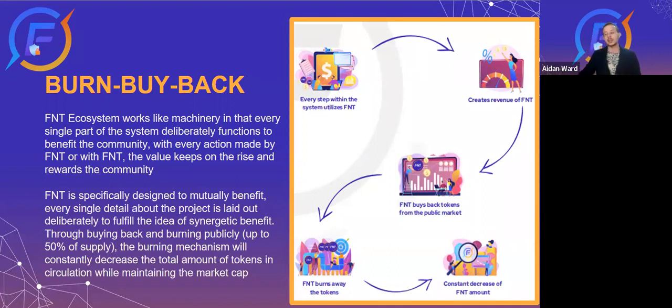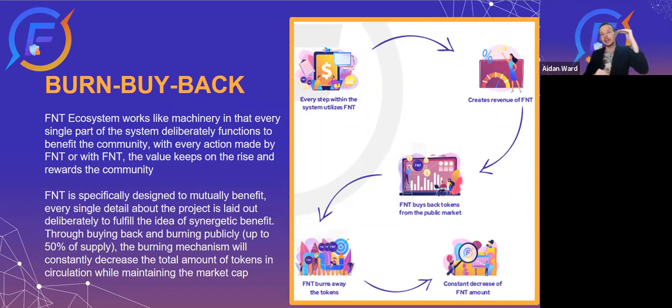He does the sell, he gets the liquidity, happy days, that's it. But what happens after? What happens after is that FNT goes onto that same exchange that Ian has gone to. They buy back all of those FNTs that have been sold, and then they burn up to 50% in a 0x wallet, which maintains the market cap, right? But it drops the supply.